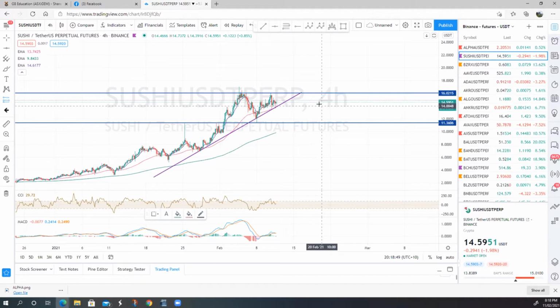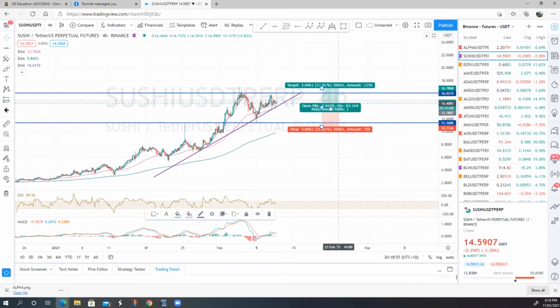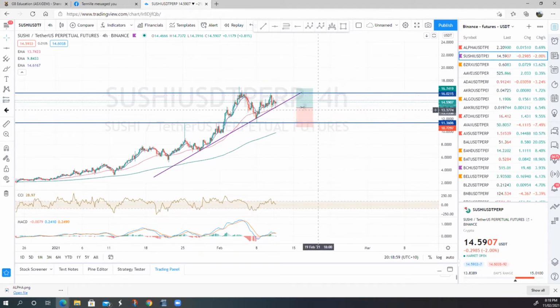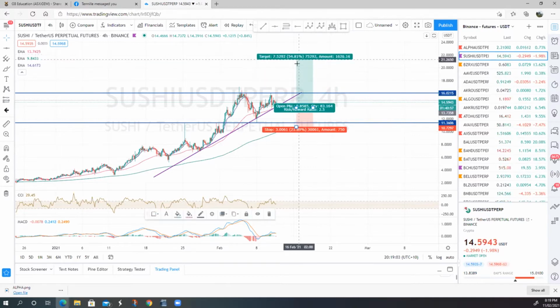So if I was to take an entry here at like support, I would expect and I expect to break the ascending triangle.